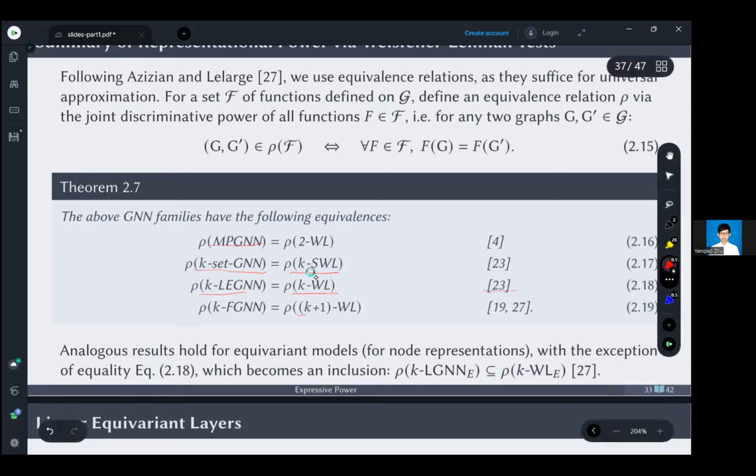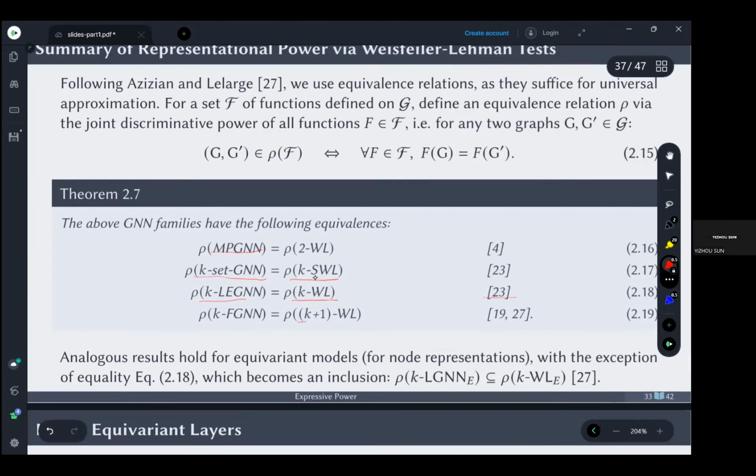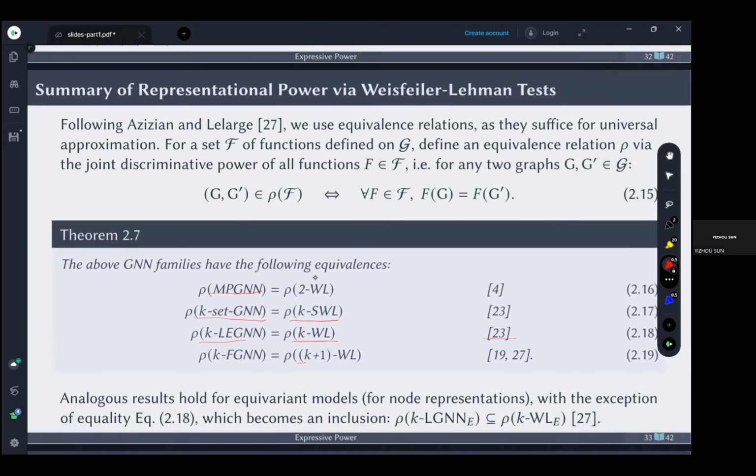Okay. So Yanqiao, I have some questions. Theoretically, of course, the K-WL is more capable, more expressive. And also this hierarchical structure about expressivity is very interesting.